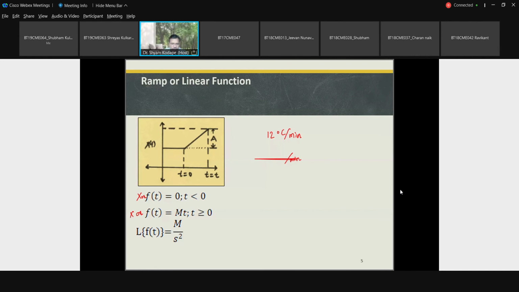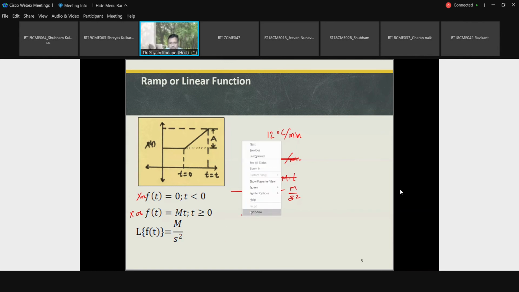So xt is equal to the y is equal to mx का function जो होता है ना? Y is equal to mx. This is the slope. Okay, so इसका एक्सेस क्या आएगा? m by s square. Okay, so this will be the slope. M is slope.